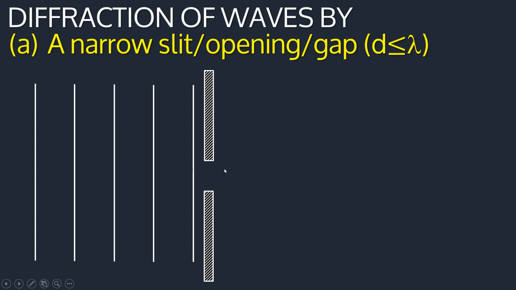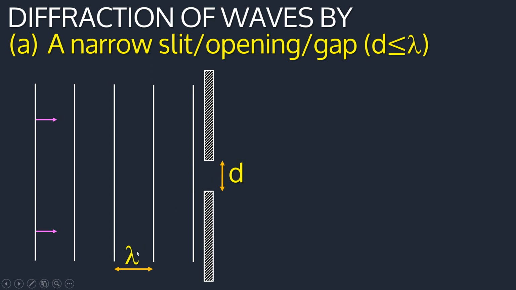emerge from this hole. What we are saying is, if you have a narrow slit, the size of the slit is what we're calling D. So we have incident wavefronts, but look at this. The size of the hole is what I'm calling D, and the wavelength of the wave is what we're calling lambda. Now, if you compare these two properly, you realize that D is smaller than lambda.